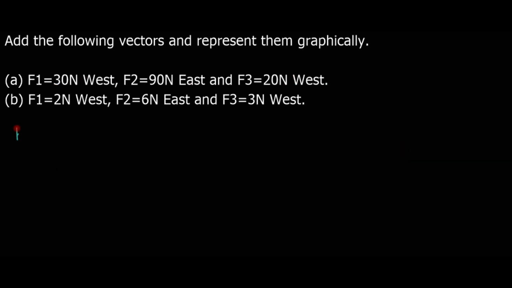Let us look at part B. Our Fnet: we have 2 Newton west, which we say is -2, and then we have +6 because it is east, and then 3 Newton west, which we say is -3. -2 plus 6 minus 3 is 1 Newton, and because it is positive it is east. Now we will represent this answer graphically for F1, F2 and F3. We know that when we have three vectors, we start with the ones in the same direction.